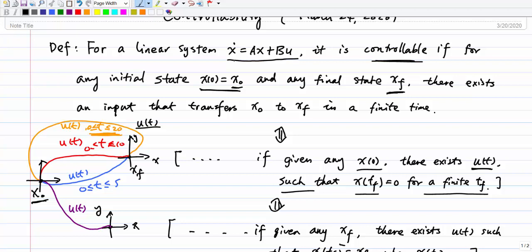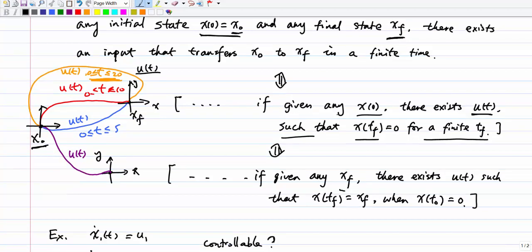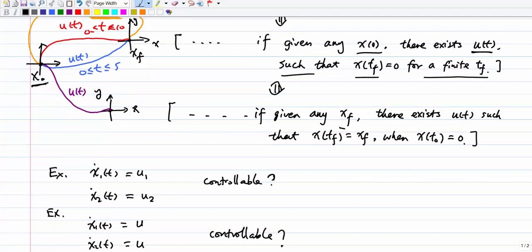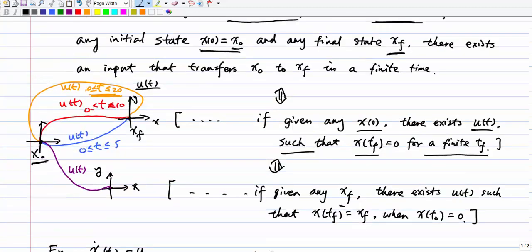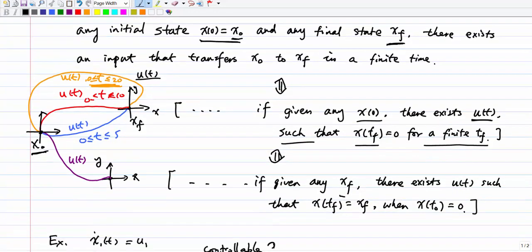Any of the three conditions is fine: for any initial state and any final state there exists an input that transfers x0 to xf in a finite time, or given any x0 there exists u(t) such that x(tf) will be 0 for a finite time tf, or for any xf there exists a u(t) such that x(tf) is xf, starting from x(t0) equal to 0. Any one of the three will be okay to guarantee controllability from the definition point of view.